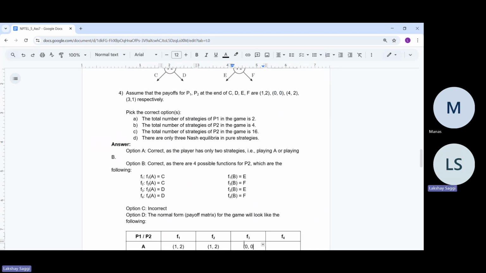I'm just doing it step by step so that it's clear how to convert an extensive form game to a normal form game. It's not really that difficult, but just for the sake of completeness. And again, if player 2 decides to play F4 and player 1 plays A, then the outcome F4 of A is equal to D, and the payoffs of D are 0, comma 0.